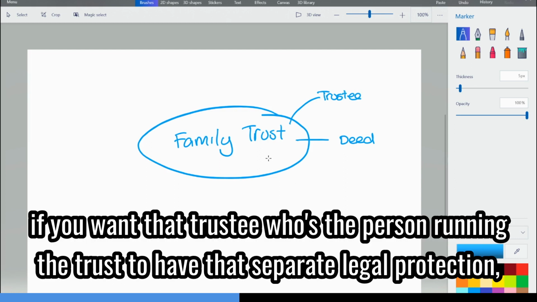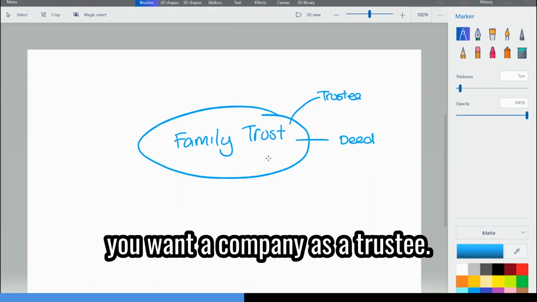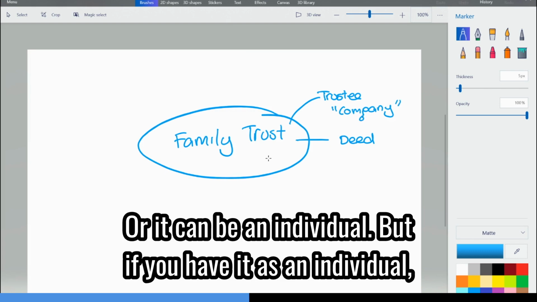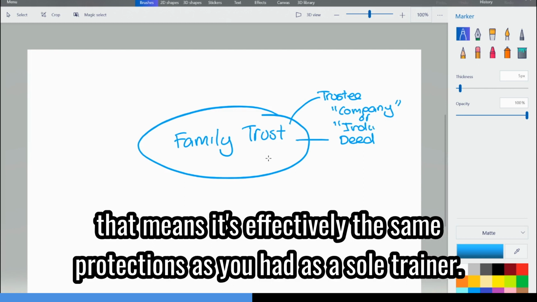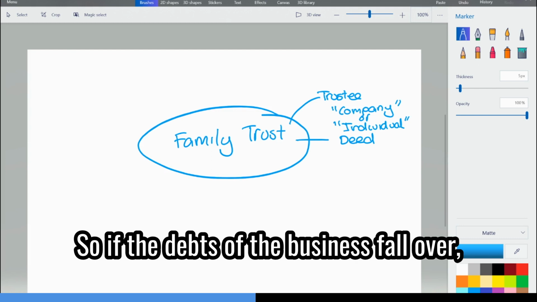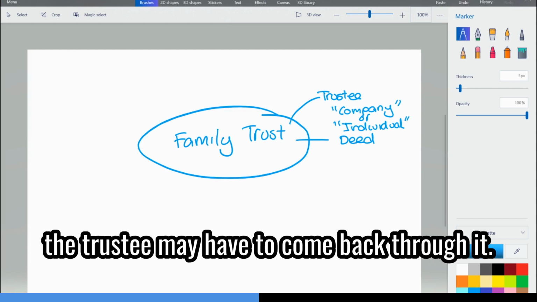Again, if you want that trustee, who's the person running the trust, to have that separate legal protection, you want a company as a trustee. Or it can be an individual. But if you have it as an individual, that means it's effectively the same protections as you had as a sole trader. So if the debts of the business fall over, the trustee may have to come back and pay through it.